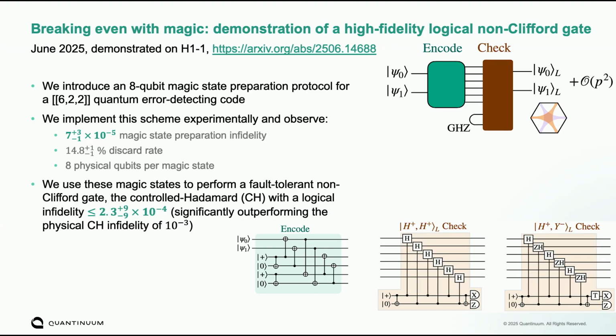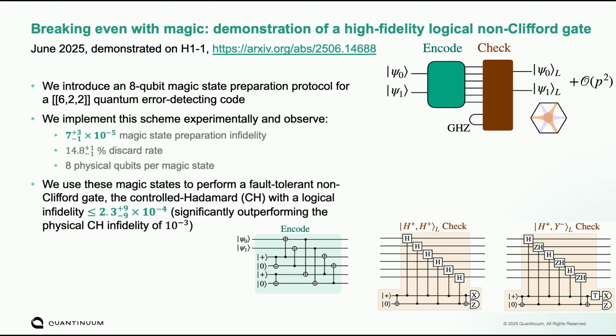And so one demonstration we did towards looking at this magic state preparation was utilizing the 6-2-2 error detection code and then using 2 extra ancilla qubits for a check here. And that makes it a total of 8 physical qubits to prepare a magic state. And we were able to implement this scheme experimentally and observe a 7 × 10⁻⁵ magic state preparation error rate with about a 15% discard rate at a pretty low ratio of only 8 physical qubits per magic state.